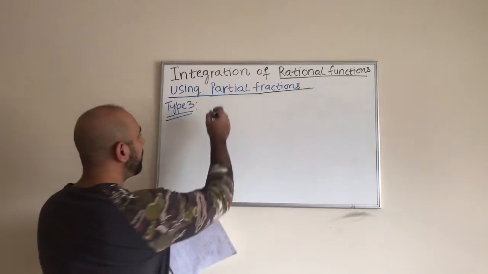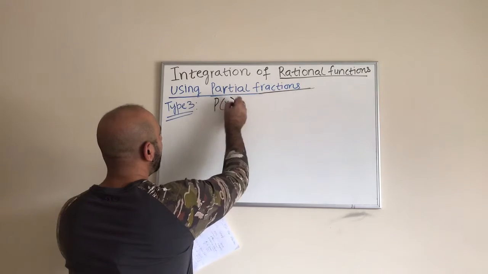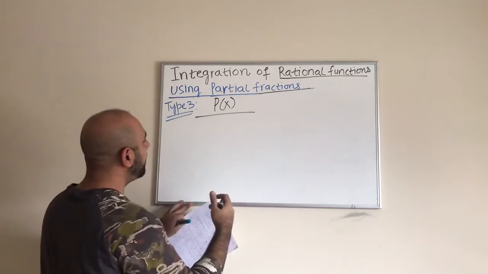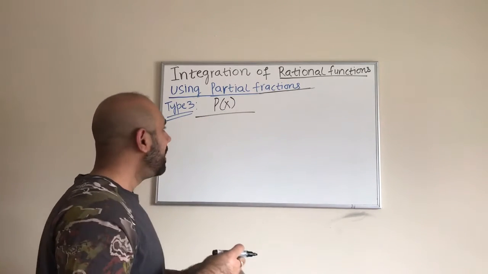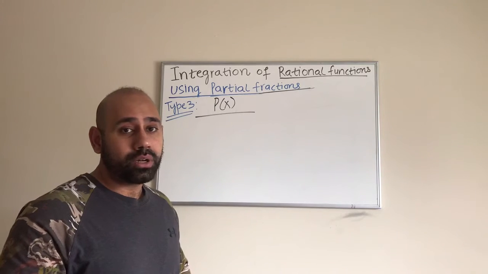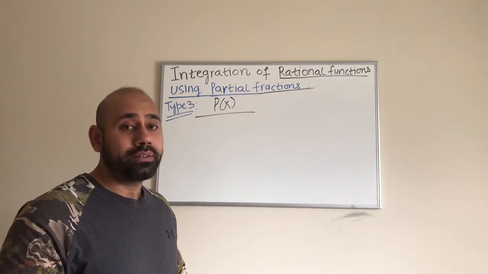So if I have a rational function of the form, we have p of x in the numerator, and in the denominator, in this case, we have something which is also thought of as irreducible quadratic functions.